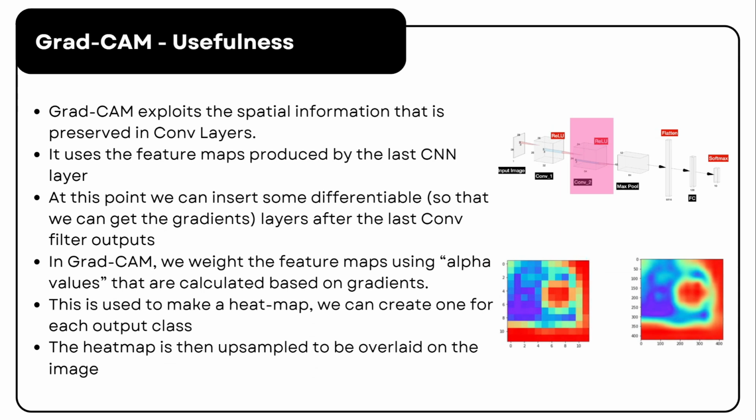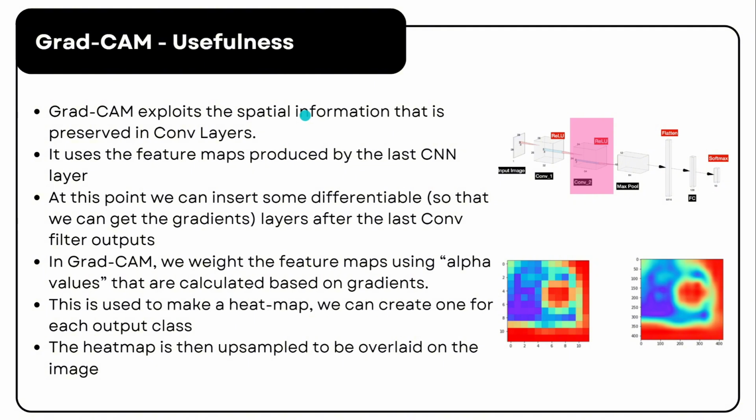So, how exactly does GradCam work? GradCam, or gradient weighted class activation mapping, works by leveraging the spatial information retained in the convolutional layers of a neural network.